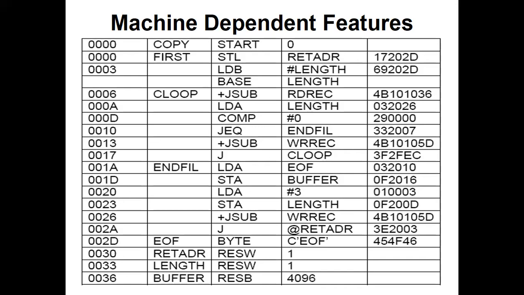Now, the instruction we are going to translate is this one, STL RETADR. It is loaded from memory location 0000. If we are going to use the program counter, it is supposed to be holding the address of the next instruction. So what is the address of the next instruction according to this program?